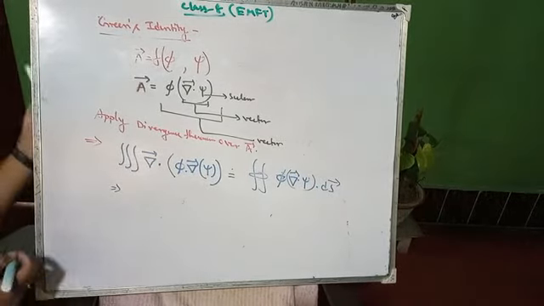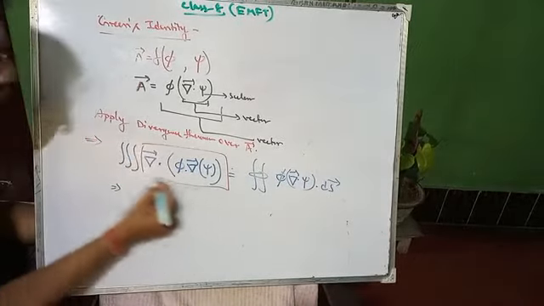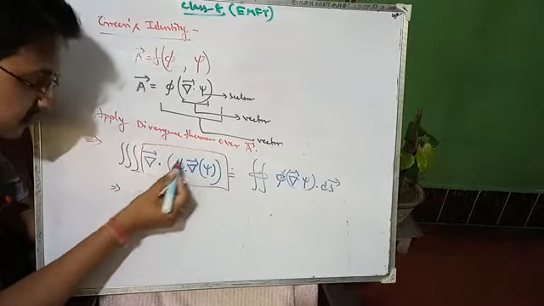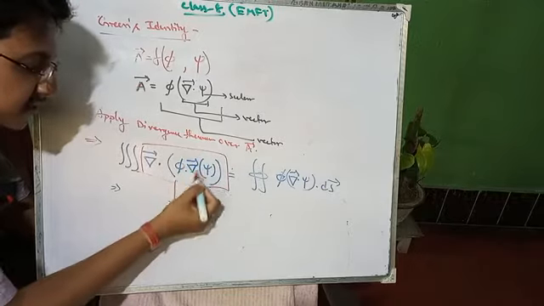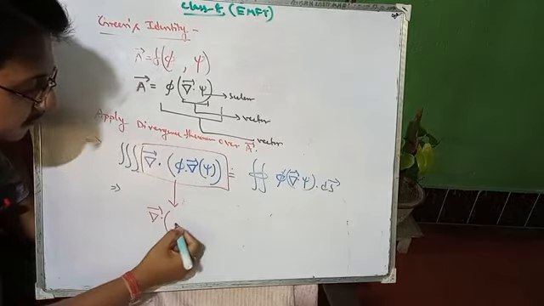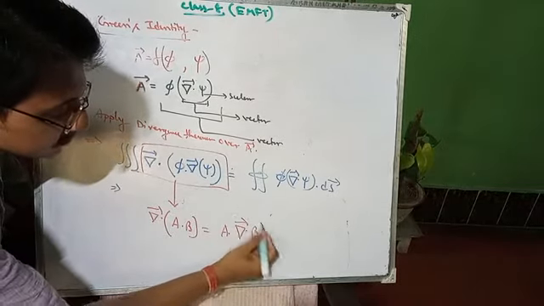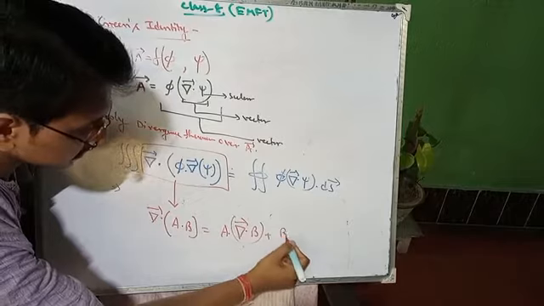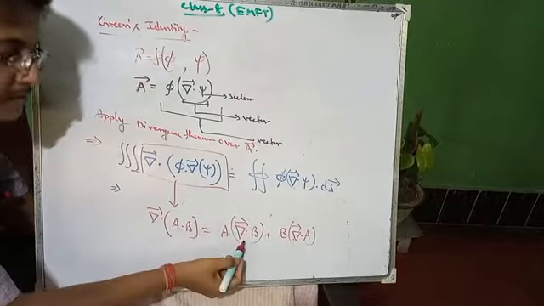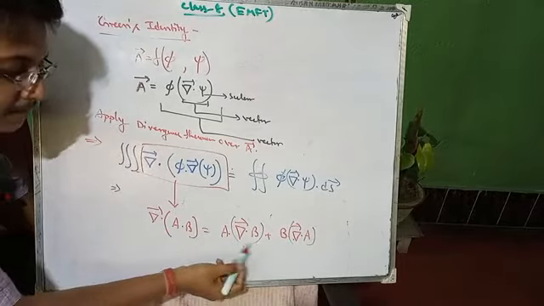Now what is the concept? This is one important identity. The divergence of a product looks like divergence of AB: taking A as common, A times divergence of B, plus B taking B as common, B times divergence of A. If A is a scalar, then it becomes a gradient.